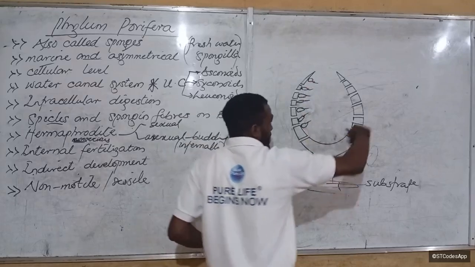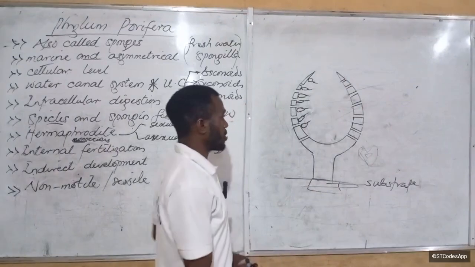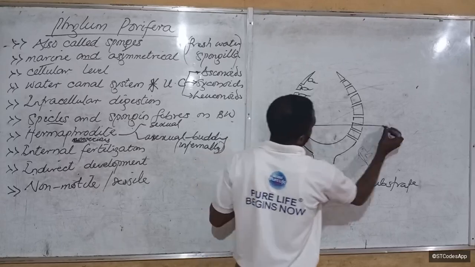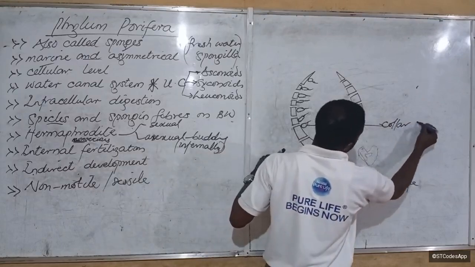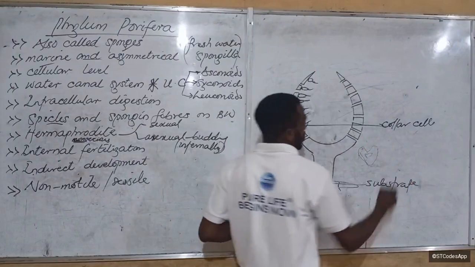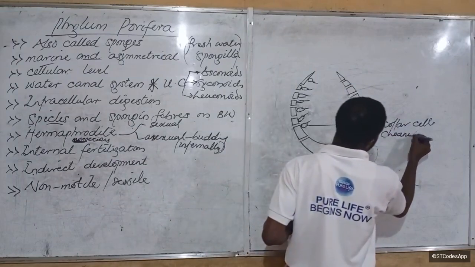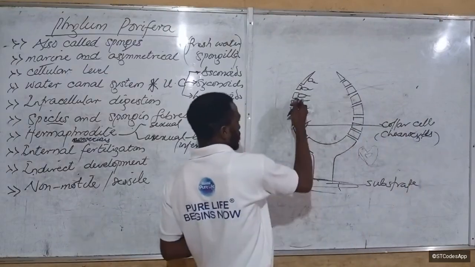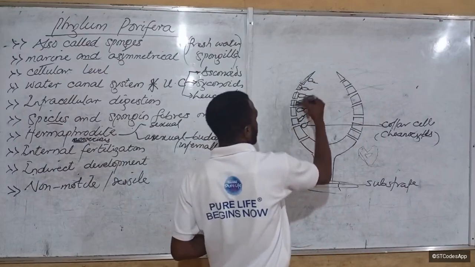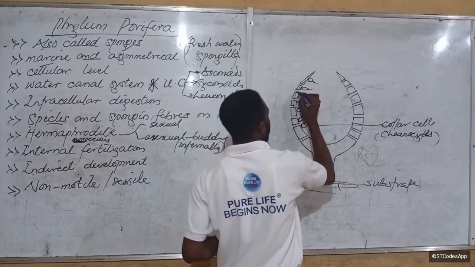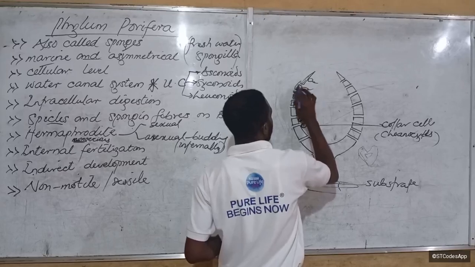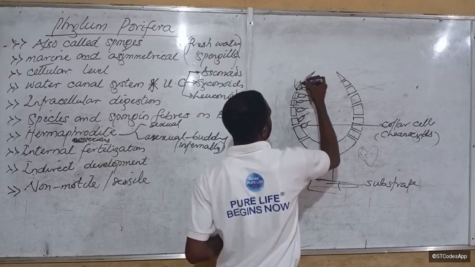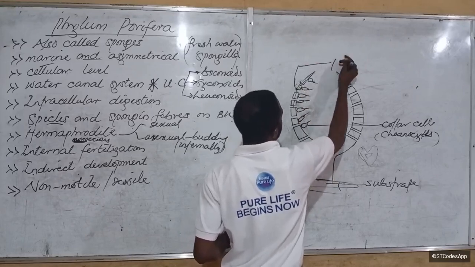All of these line the entire body of the sponge, and these are called collar cells, choanocytes. Then the cells found in this region here are called porocytes.